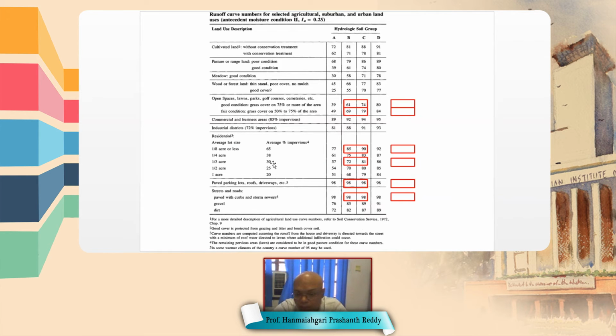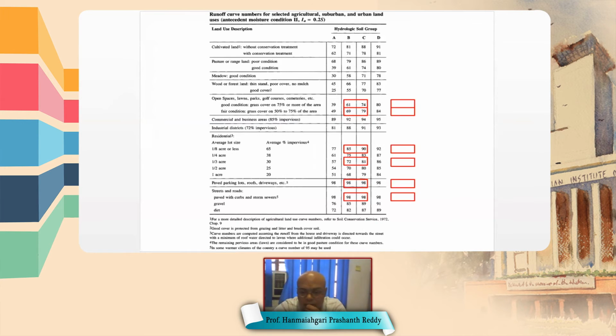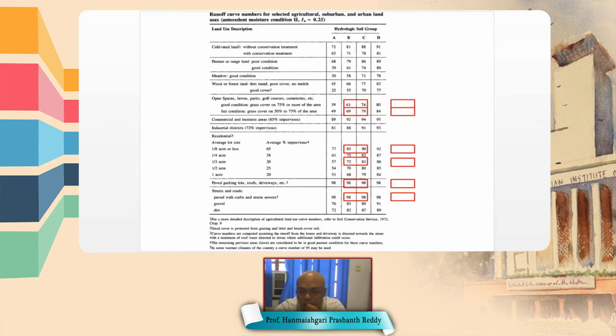Further, the curve numbers are 72 and 81. And second, where the residential area is 65% impervious, for that it comes out to be 85 and 90.